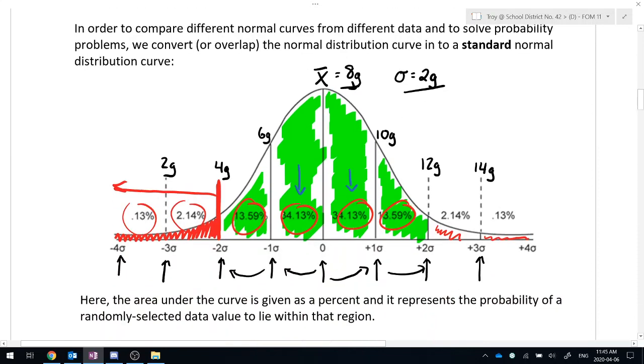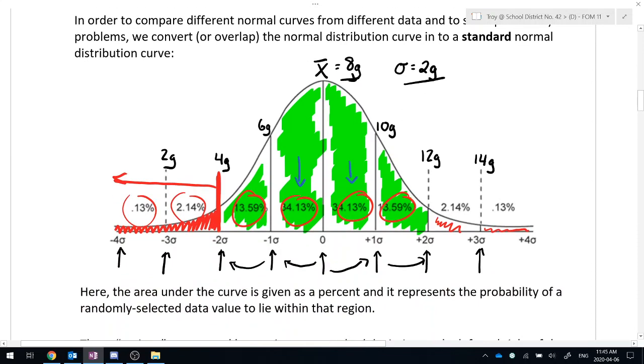So a quick recap: our mean, our median, and our mode are all in the middle of the standard curve. As we move outwards, either to the left or the right, we get one standard deviation away, typically here on this diagram, and we get a specific amount of the area underneath the curve.